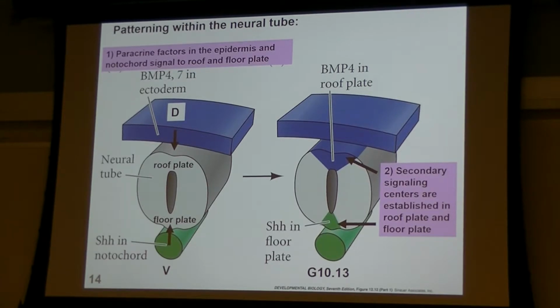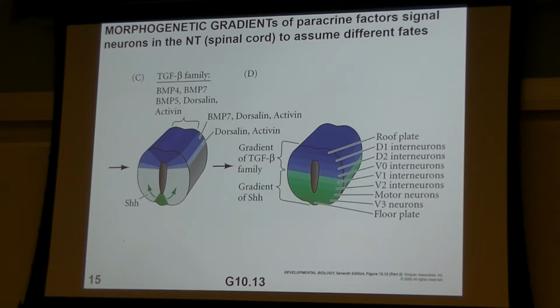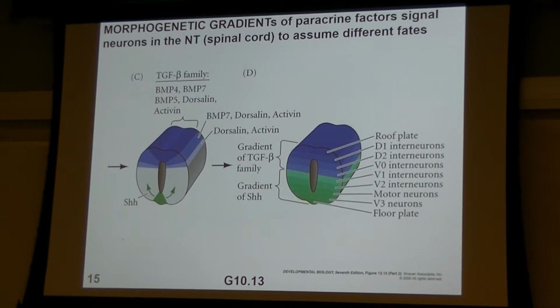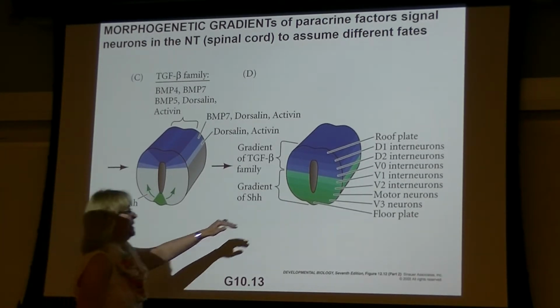So what we're going to see here is two gradients of paracrine factors and signaling set up on either side of the embryo and neural tube. As this plays out, it looks something like this. The color coding is nice because it gives you the idea of the different concentrations for these two different factors. You can see here, with a rainbow of colors between these two factors, all of these different unique cell fates being read out.